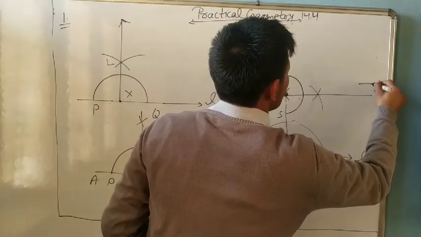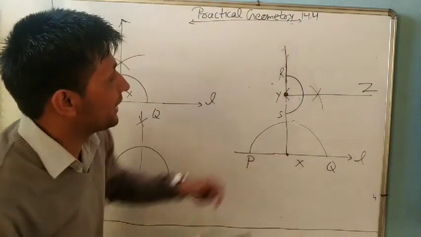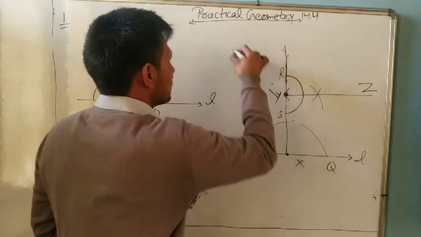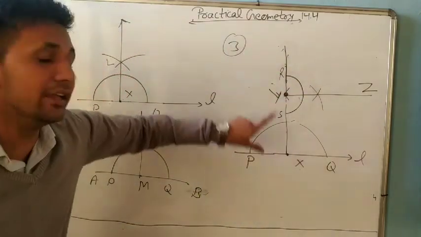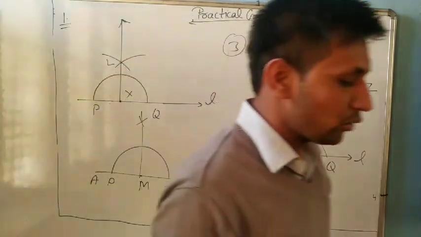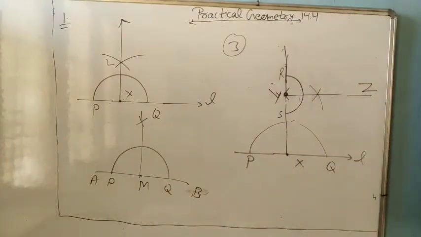You can say that it is Z. So it is perpendicular at Y also. So it is question number 3. In question number 3, you have to make a perpendicular 2 times.